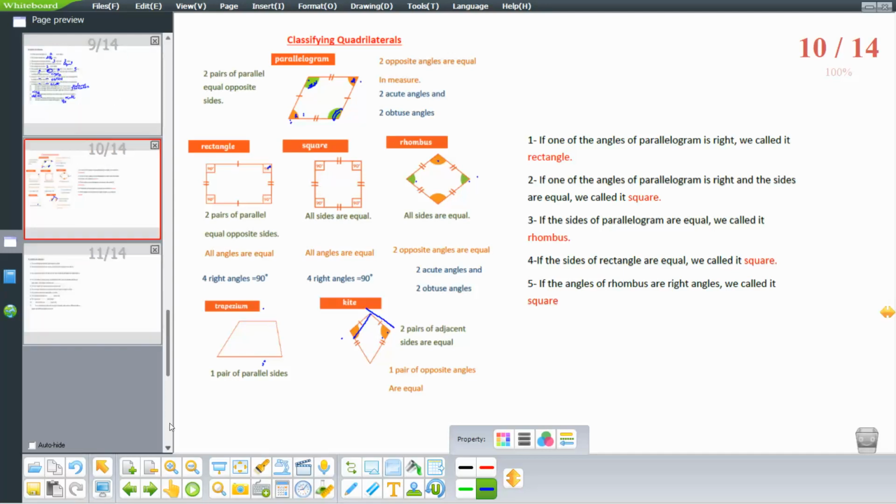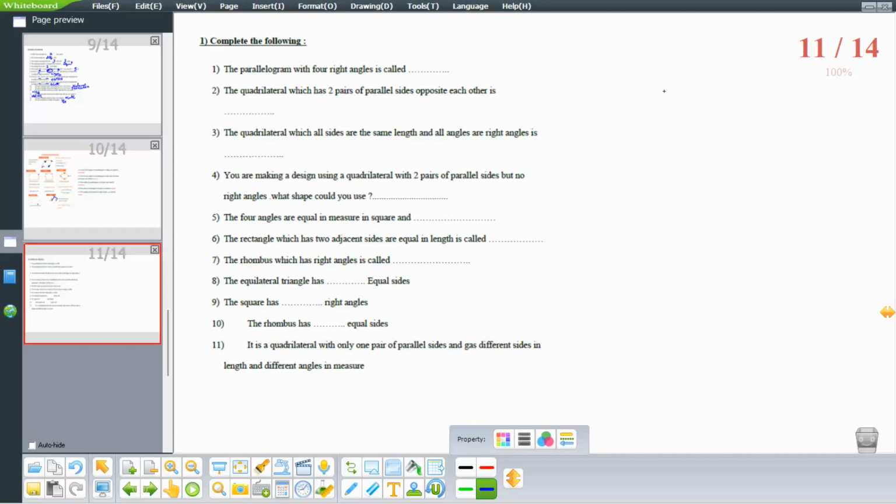The next question. The parallelogram with 4 right angles is called, when it only has a right angle, what is it called? Rectangle. The quadrilateral which has 2 pairs of parallel sides opposite to each other.